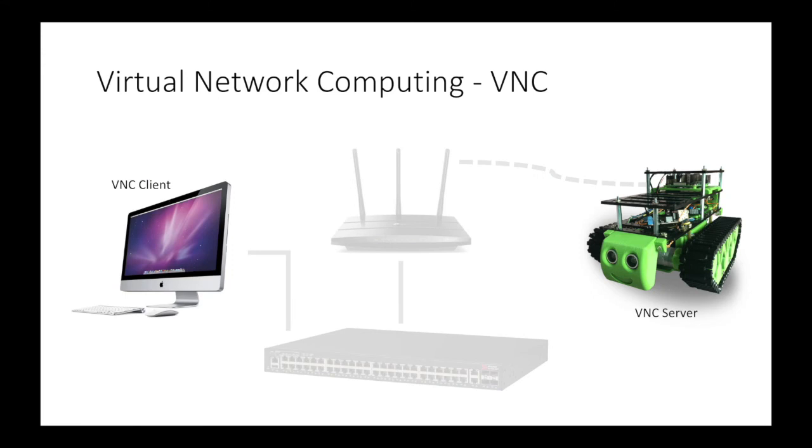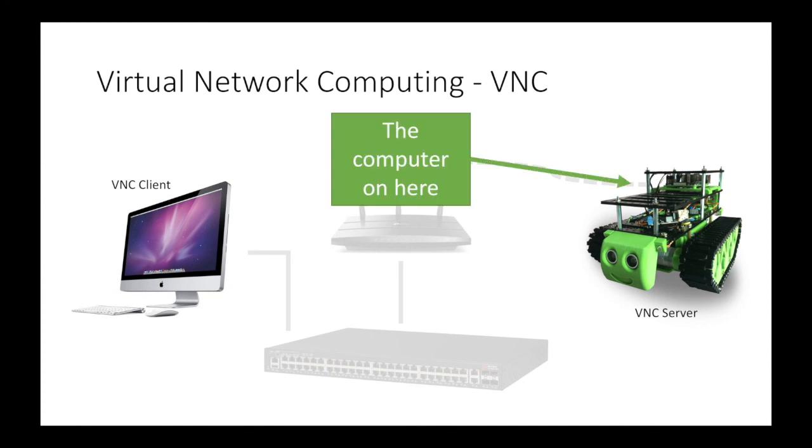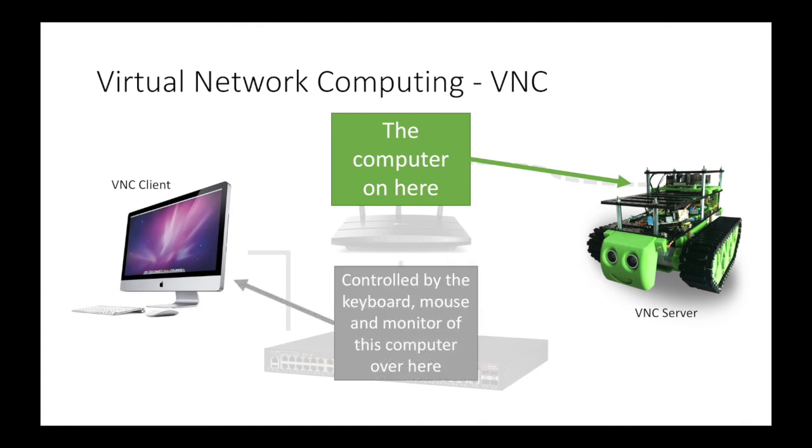Our virtual network computing or VNC client will be the way that we connect to our MR5. Each MR5 is set up as a VNC server, so it can serve a network computer across our LAN, which basically means that the computer on here, the Raspberry Pi, is controlled by the keyboard, mouse and monitor of the computer or the VNC client.